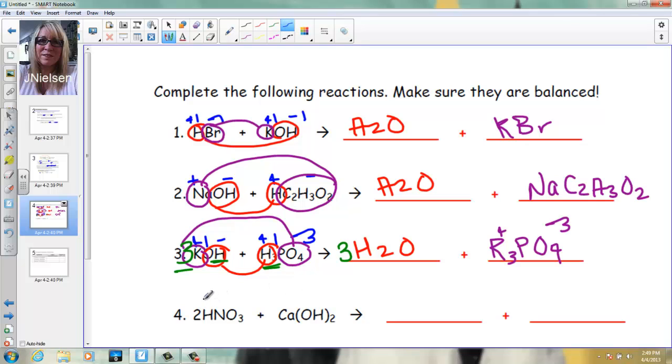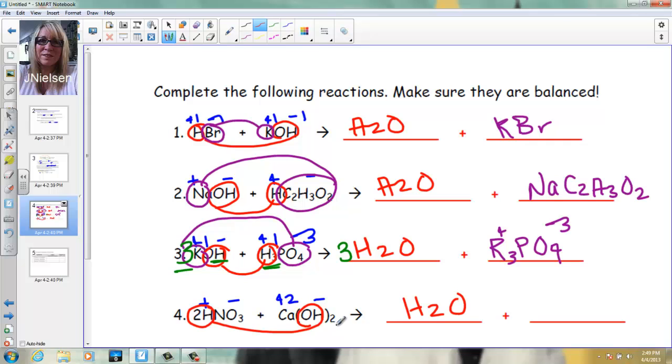In the last example, H is +1, NO3 is -1, Ca is +2, OH is -1. My positive hooks up with my negative, so I'm going to make HOH, which is my H2O. Remember, I don't bring any of the subscripts.